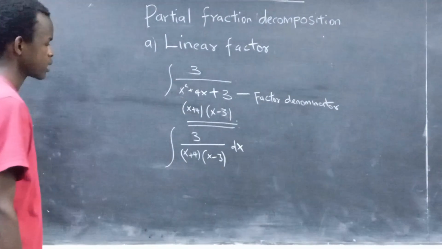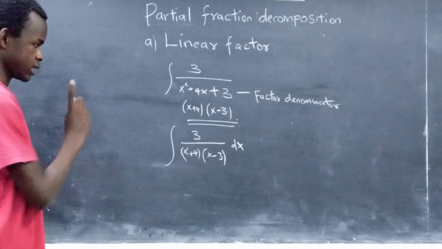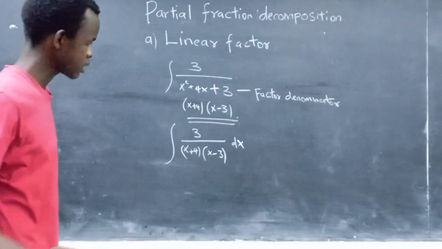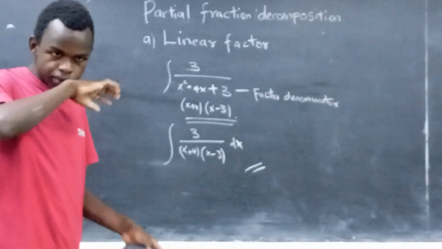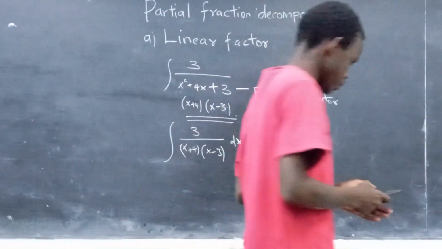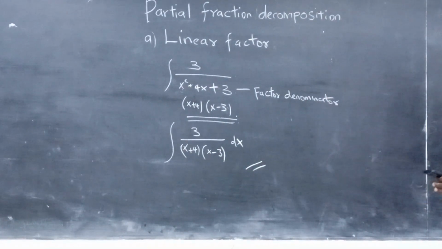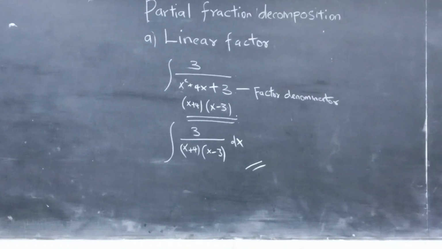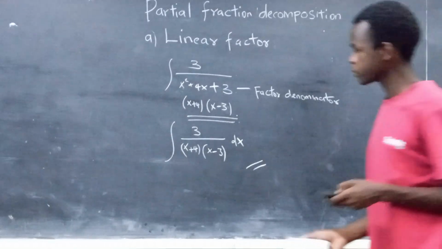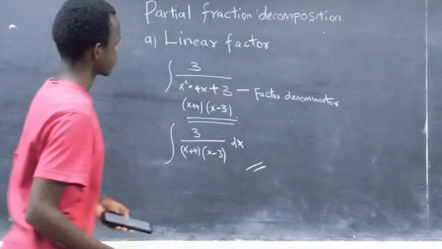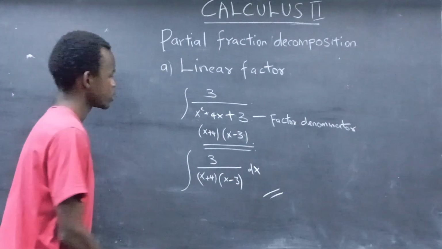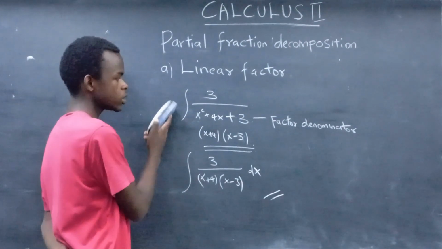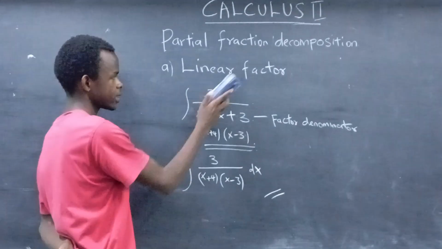In linear factors, I will give an exact example for us to see that. So the first example. I was just trying to explain how to deal with partial fraction decomposition for linear factors.